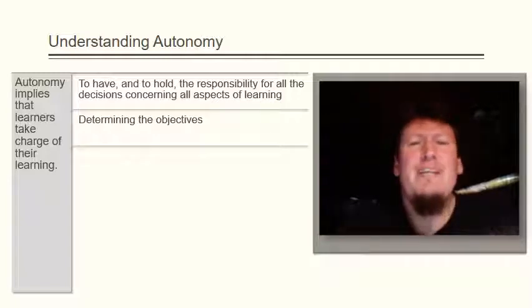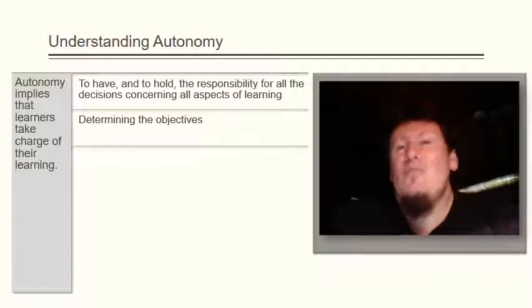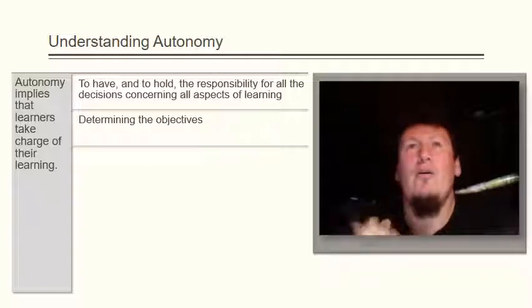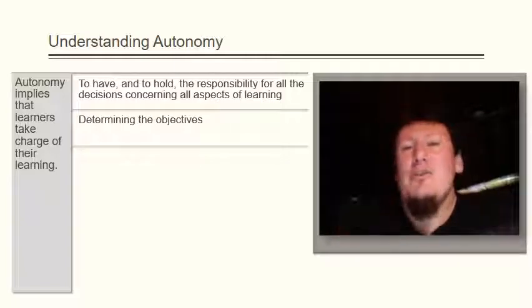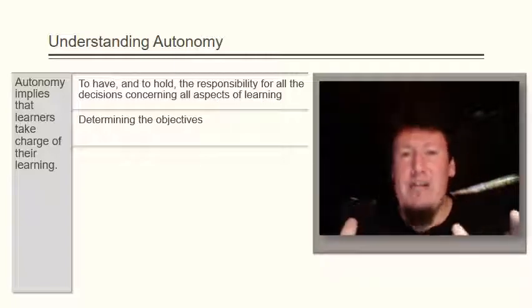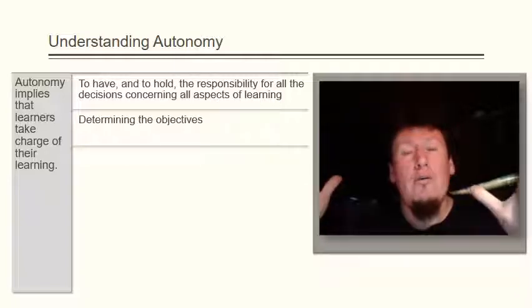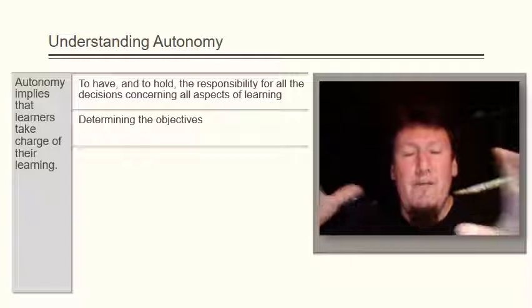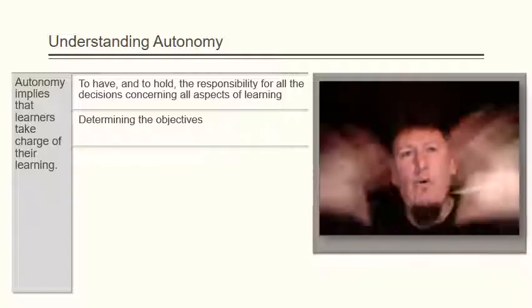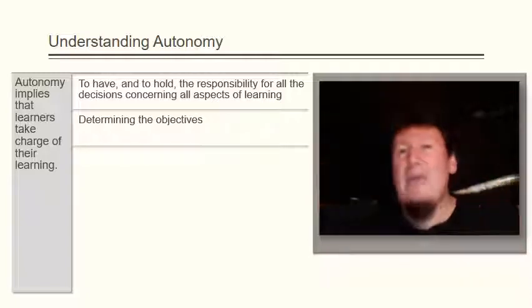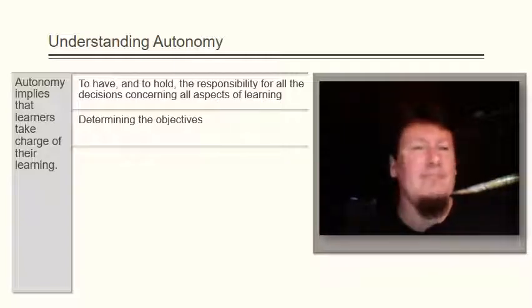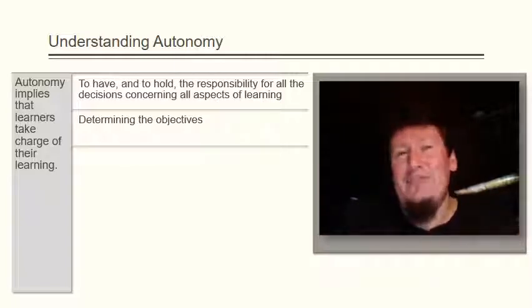Now, determining the objectives, because we can think, well, the teacher is going to set up the course objectives. As a whole, you probably already know this, for the course there is a global goal, an aim or an objective or a competency, whatever you want to call it, depending on what readings you've done for other courses.